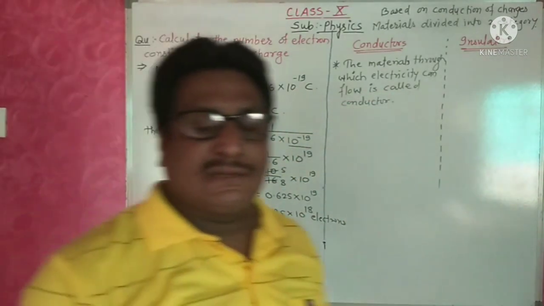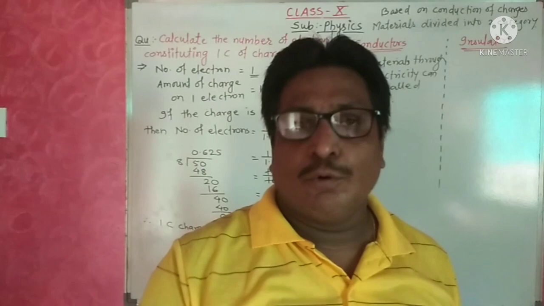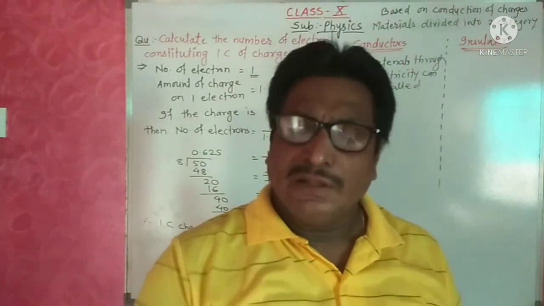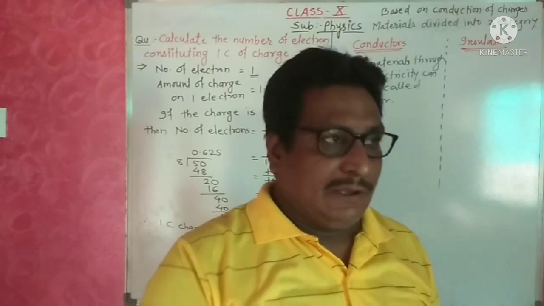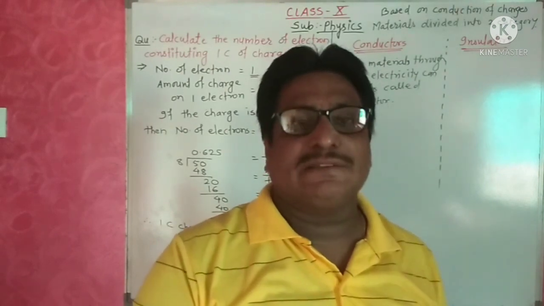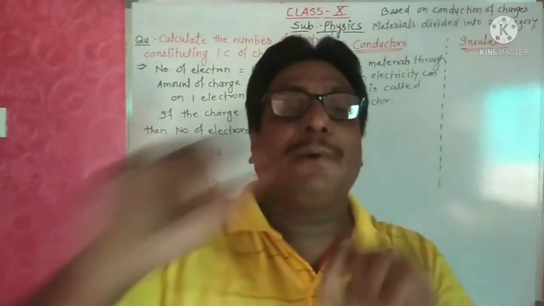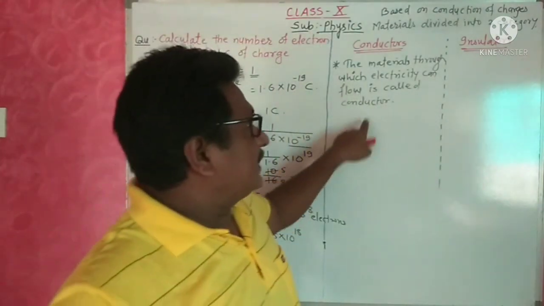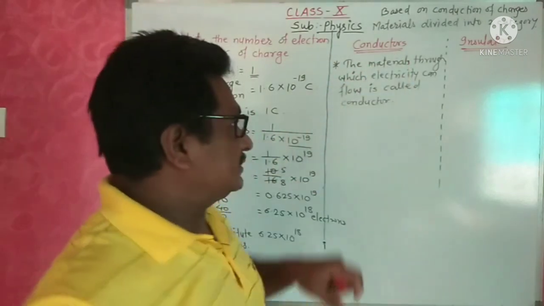For example, metals: iron, copper, gold, aluminium. If we connect these metals to electricity, electricity can pass through that material. So such materials we call conductors.